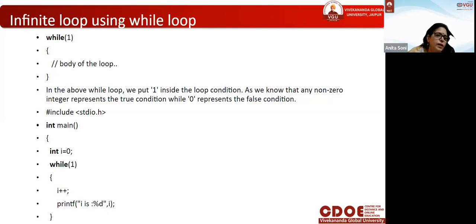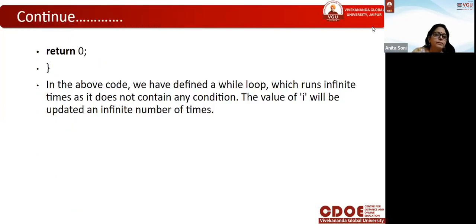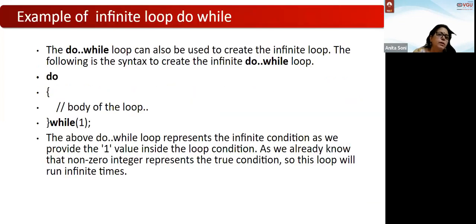Here the condition is one, a non-zero number, meaning it is always true, so this loop will always execute. In the above code, we have defined a while loop which runs an infinite number of times as it does not contain any condition. The value of i will be updated infinite number of times.